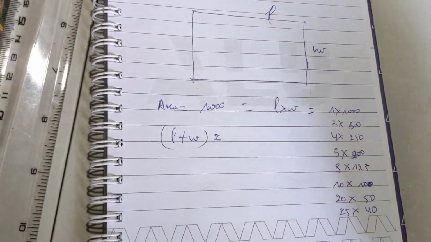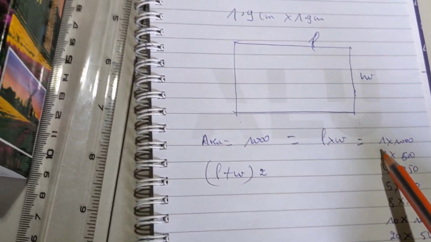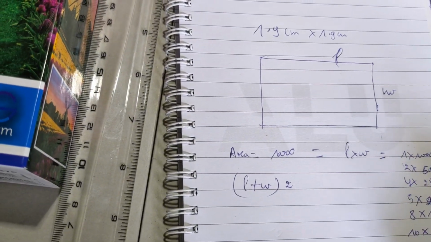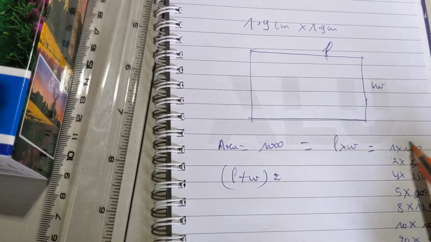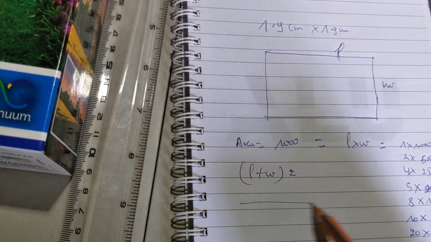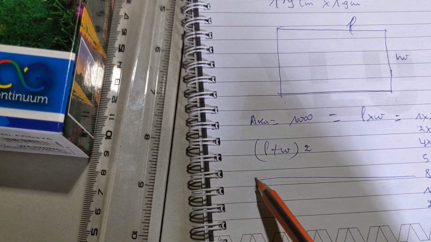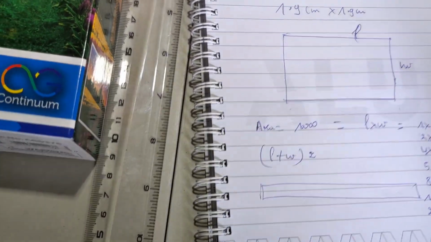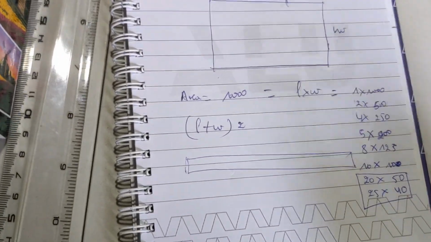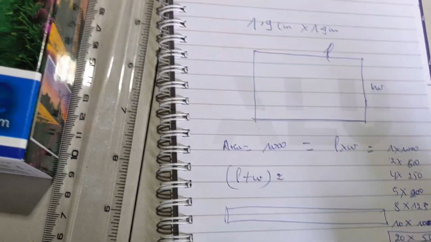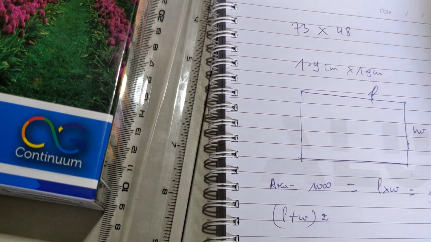And as you can see, this will be a very ridiculous rectangle, same as all this, because the width will be very, very small. So it will be like a very narrow thing. These two last cases seem to make a reasonable rectangle, especially the last one of 25 and 40.